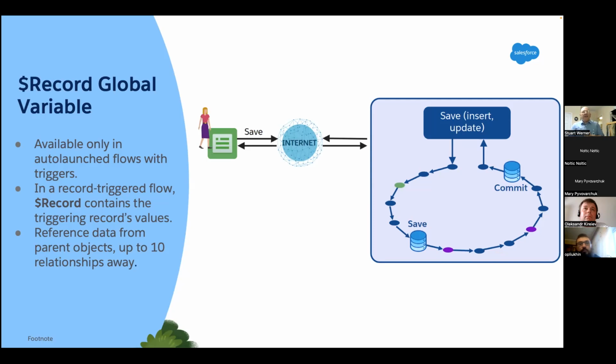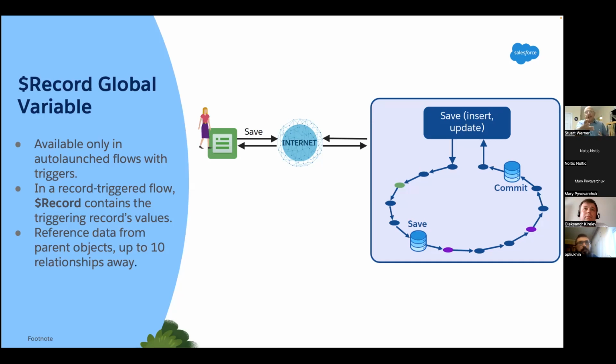Also, one of the things that we're able to do with $record, especially in a fast field update, is we're able to make changes to the data or add new data to some of the fields in $record before it gets written to the database. And by doing that, we don't have to perform a new DML operation.